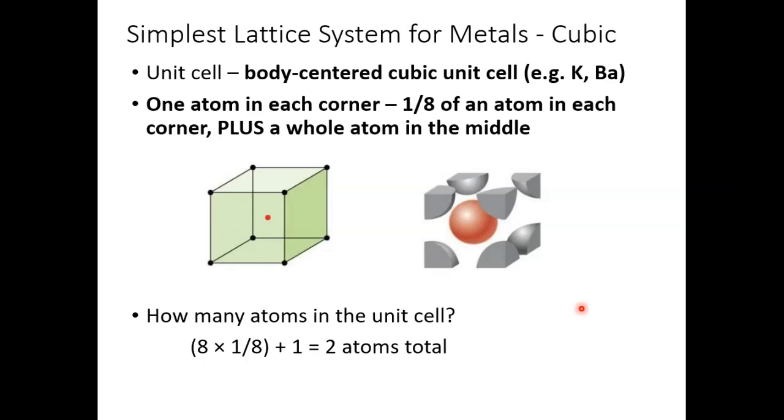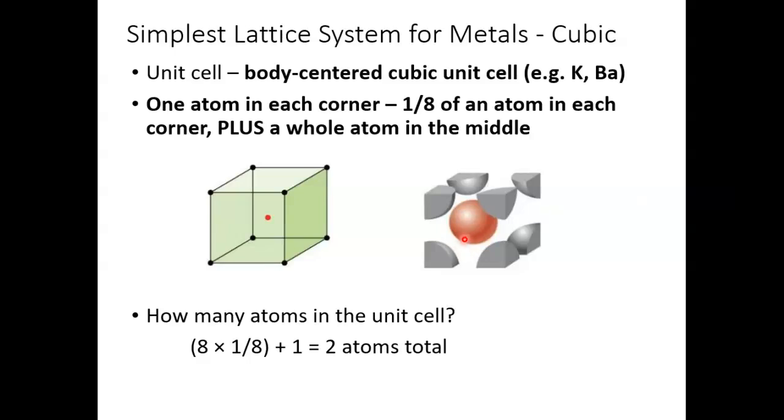At a body-centered unit cell, you still have, quote unquote, one atom at each corner. But then there's a whole atom right in the center of the unit cell. You see that in this picture? You still have atoms at each of the 8 corners.